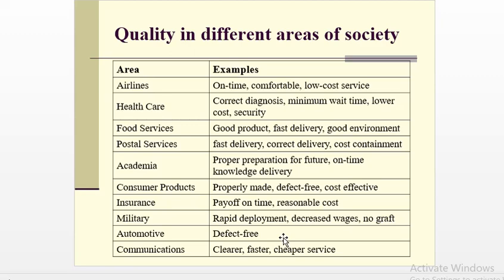If you go to any food services like a hotel, good product, fast delivery and good environment. So these are some areas and examples of quality in different areas of society, like postal service, academia, consumer products, insurance, military, automotive, and communication. These are some areas of society in which quality can be predicted.